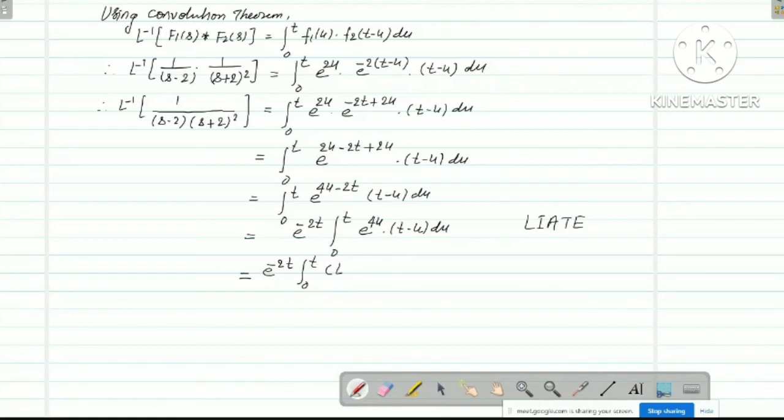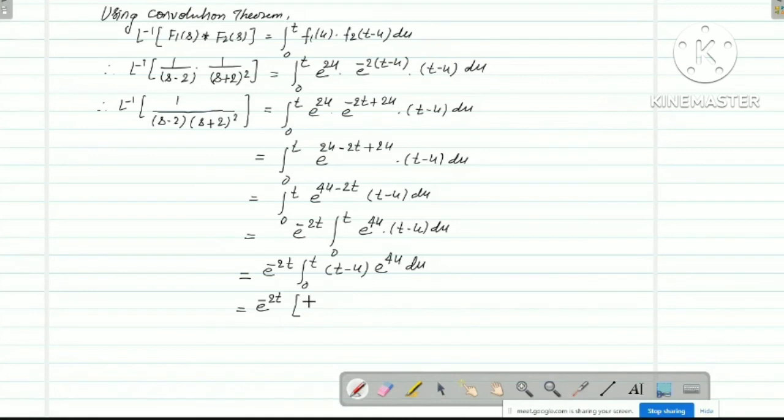So we have t minus u and e raised to 4u du. Now just integrate this. We are using generalized integration by parts. So first this is the u term, this is the v term.